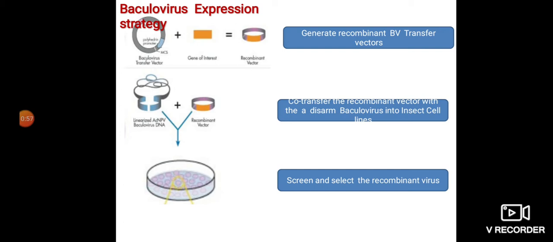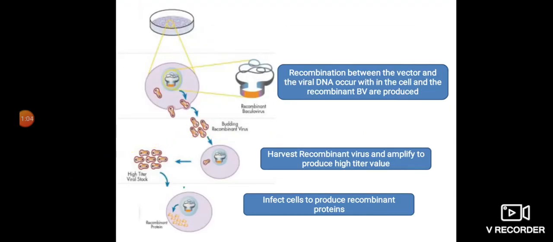So they allow them to mix together and recombine within the host cell, which leads to the production of recombinant baculoviral vector carrying the target DNA molecule, and then we can use it to infect large cell lines and produce a number of stable transformants for the production of specific protein.